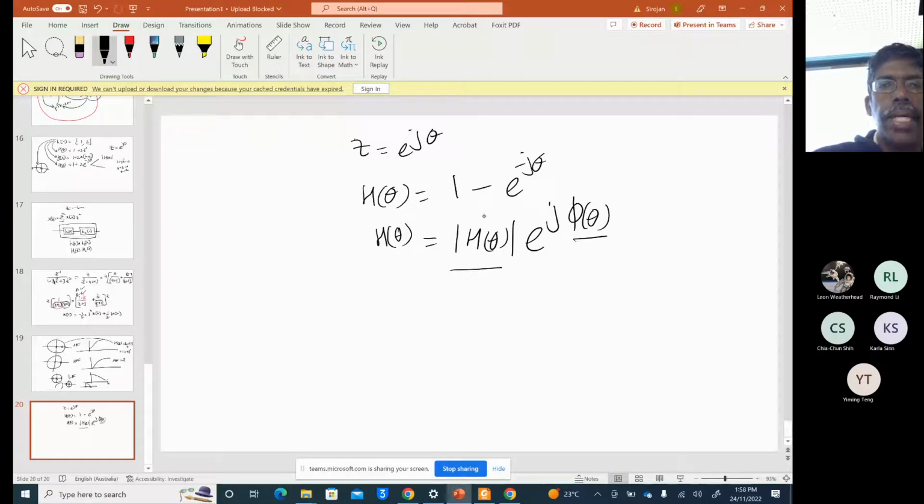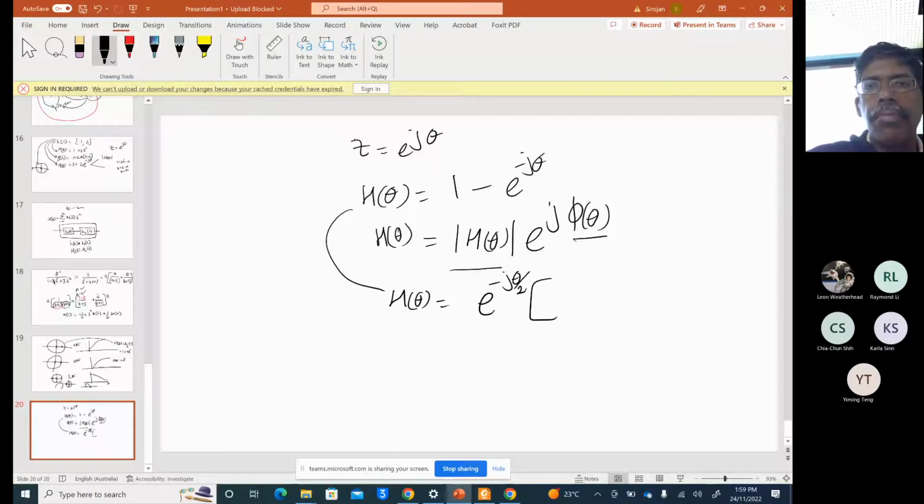So then how do we find this one? One trick is you take out the half power. H(theta) equals, taking e to the minus j theta by 2 out, e to the j theta by 2 minus e to the minus j theta by 2.